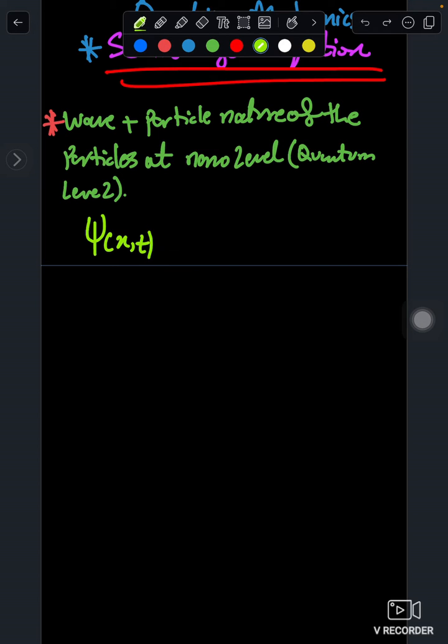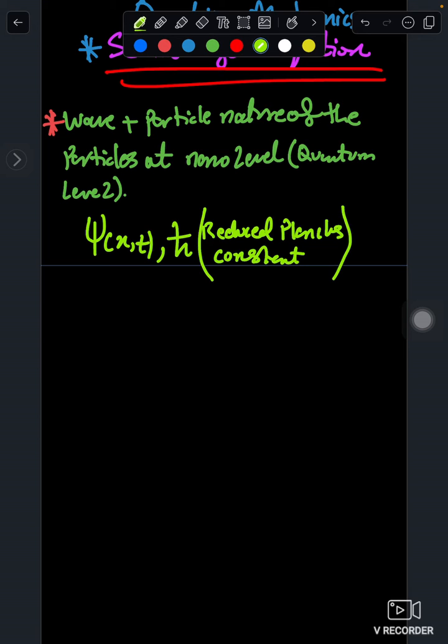And then we have this h bar. H bar is Planck's constant, reduced Planck's constant, and then we have this psi.